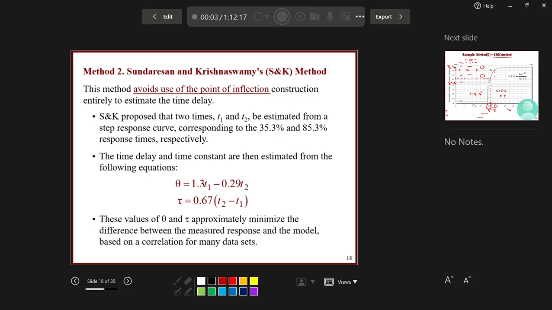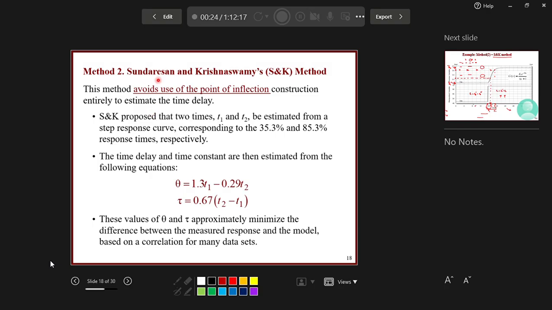Now, sometimes it is difficult to calculate the tau from the curve because it is difficult to decide about the point of starting the slope or finding the point of inflection of the curve. That's why we need to use another method in that case.